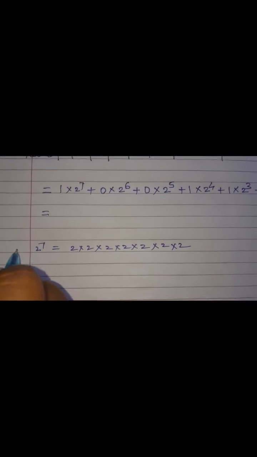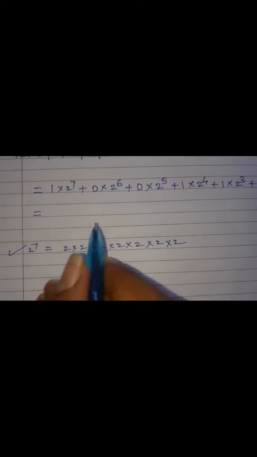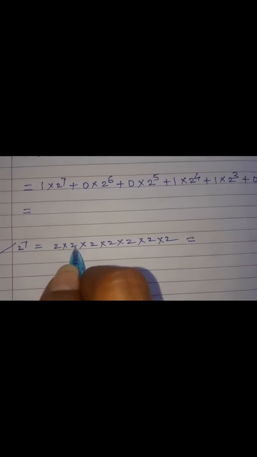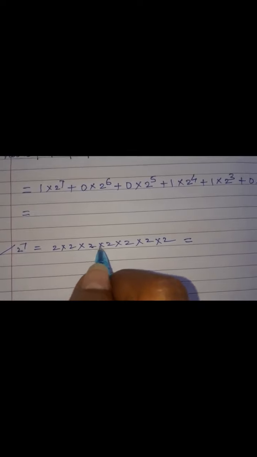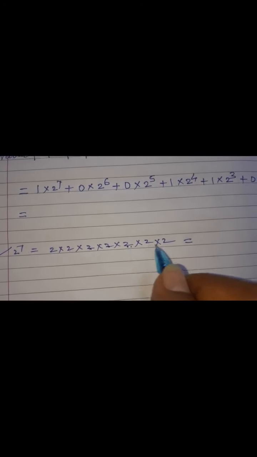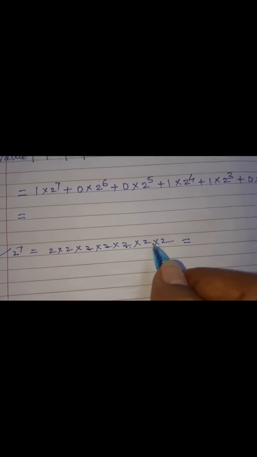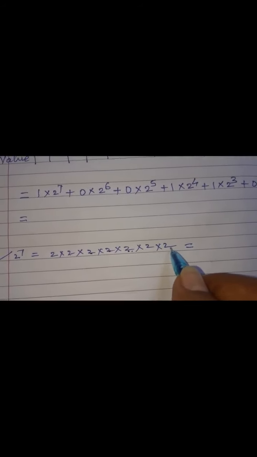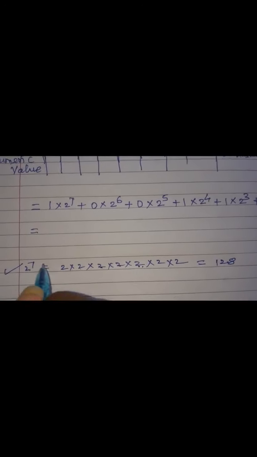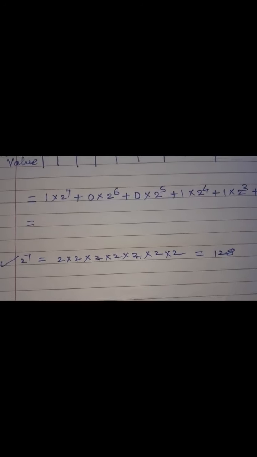This is called 2 raised to 7. Now we calculate this: 2 into 2, 4; 4 into 2, 8; 8 into 2, 16; 16 into 2, 32; 32 into 2, 64; 64 into 2, 128. So 2 raised to 7 is 128.